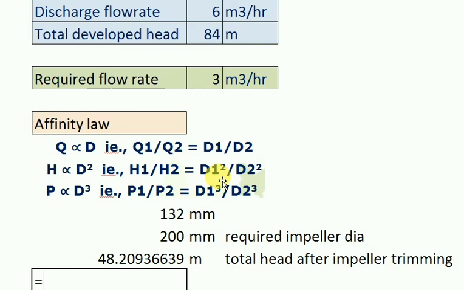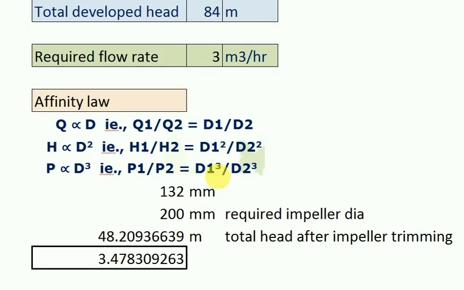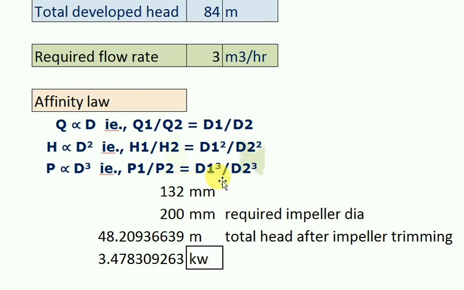So P1 equals D1 cube divided by D2 cube into P2, where D1 is 200, D2 is 264, and P2 is 8 kilowatt. So our new power is 3.5 kilowatt.